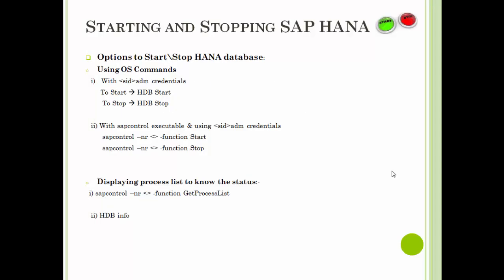Let us first start with starting and stopping SAP HANA. Why do we have to start and stop SAP HANA? Whenever we make any configuration changes or whenever we have software updates or hardware updates scheduled, during those operations it is necessary for us to stop SAP HANA, then check the status and then do the operation like hardware update or software update, then start the SAP HANA to bring it online.